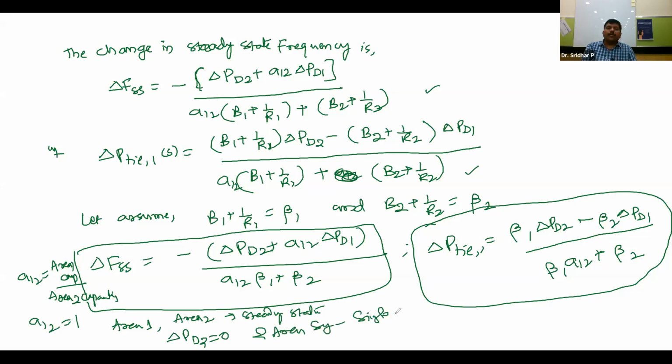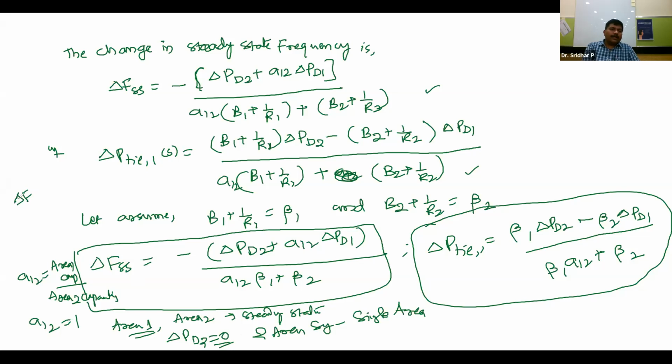meaning our two area system is acting as a single area system. If only one system is experiencing some demand, the second system is under steady state condition, meaning there are no changes in the expectations from it. So the two area system becomes a single area system. Delta PD2 will be 0. So whatever the steady state frequency, delta FSS, let me change to a different color.